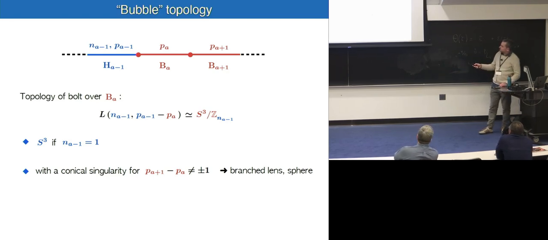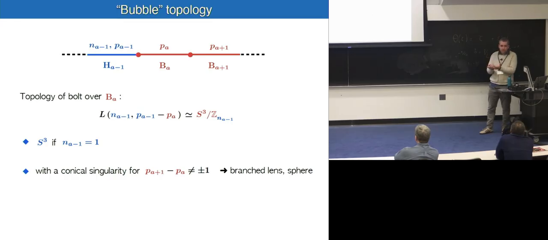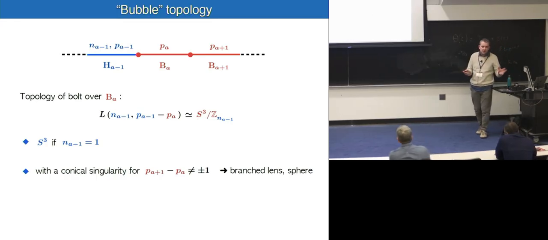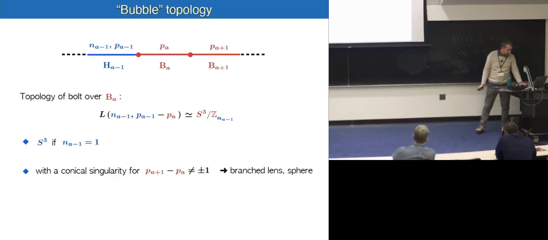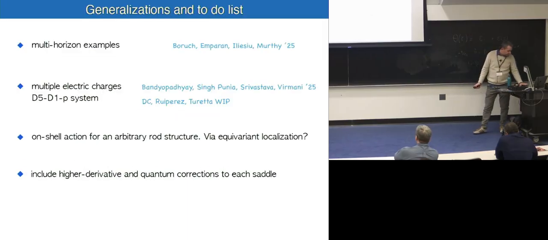So it's again a lens space topology. This can have or not have conical singularities depending on how we fix these integers. Again, we can have either smooth topologies or branched lenses or spheres. So this is the general classification. And then one should figure out if all of these solutions contribute to the index or just part of those.